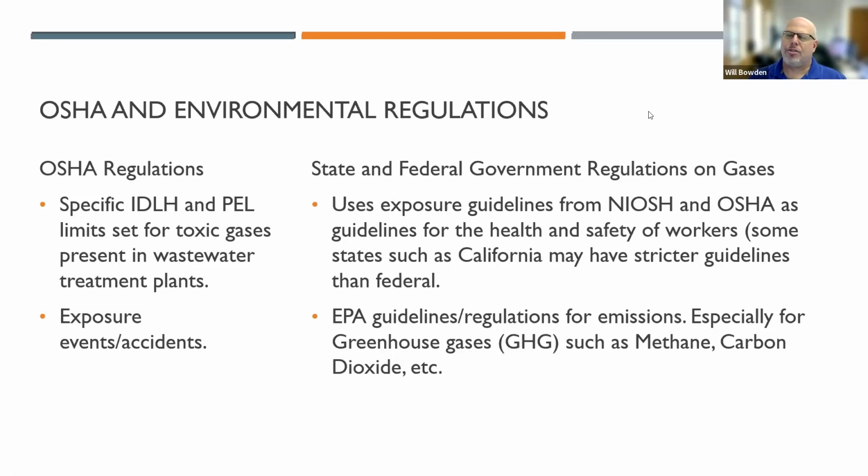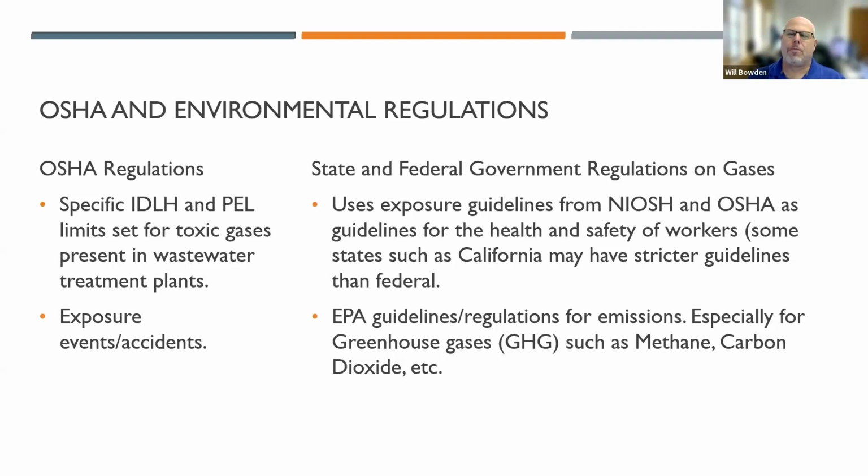Other environmental regulations that we have, state and federal government regulations, the EPA, Environmental Protection Agency, for example, as a federal organization, has their own regulations for emissions, but each state has a Department of Environmental Quality that may have their own above and beyond NIOSH standards.